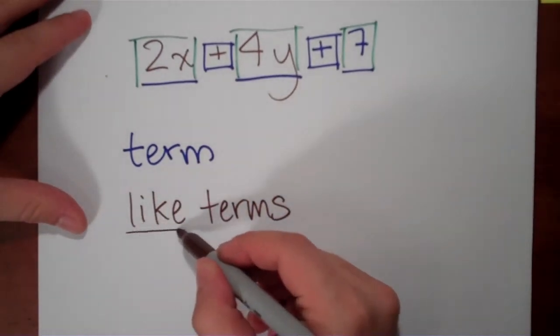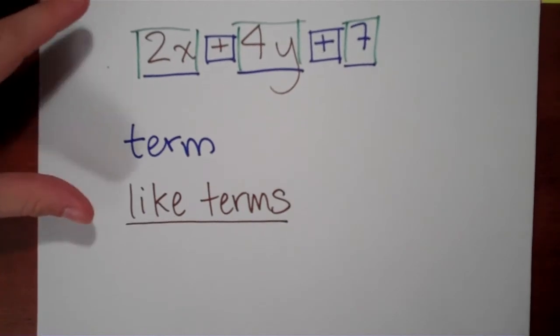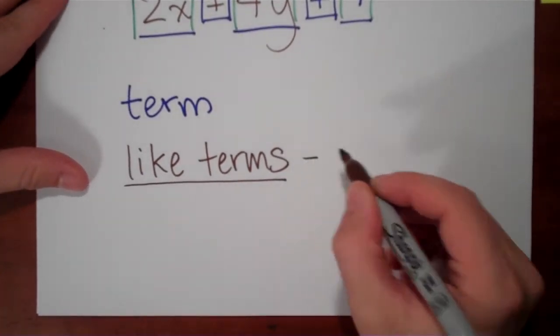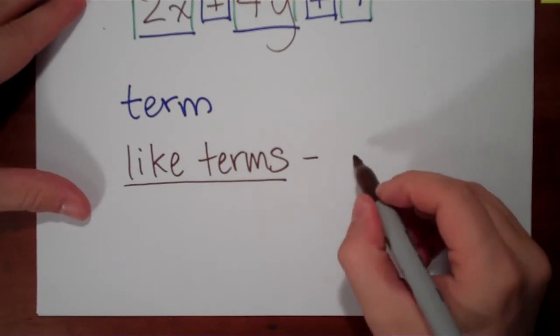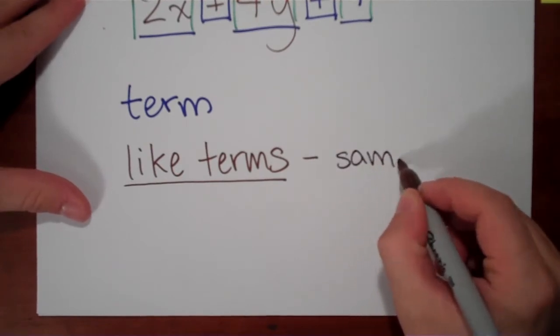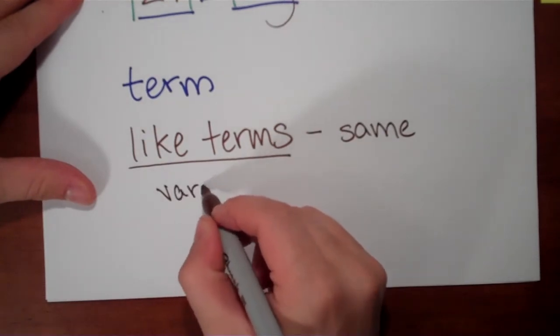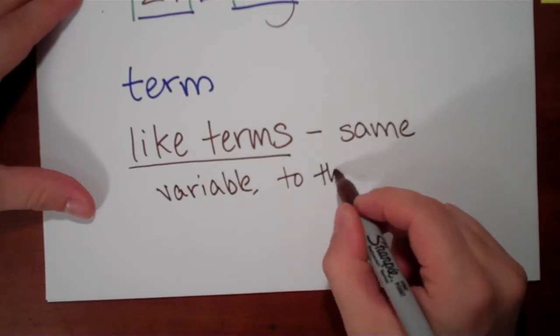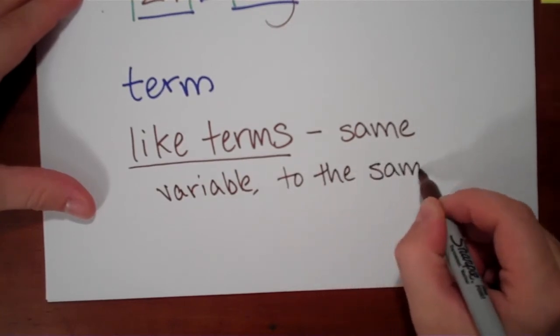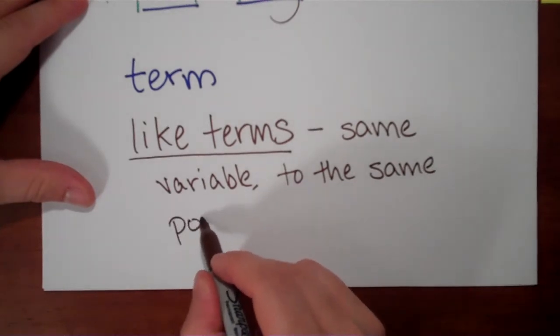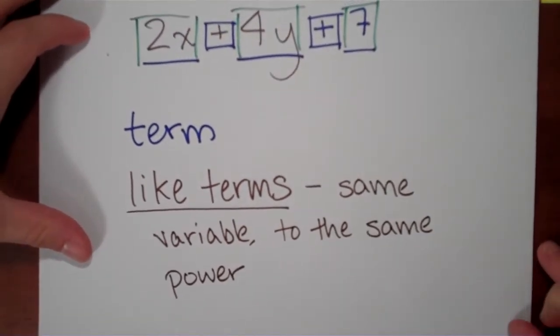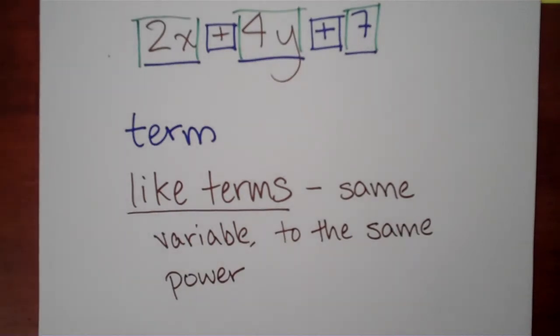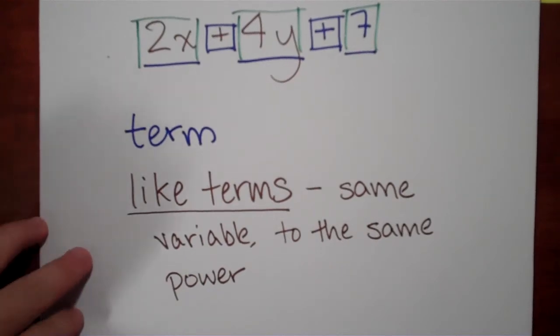Like terms have the same variable to the same power. Like terms are terms with the same variable to the same power. Write that down because we're going to turn the page and move on. Same variable to the same power.